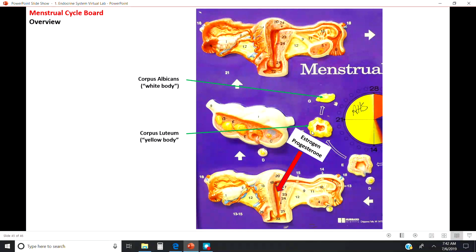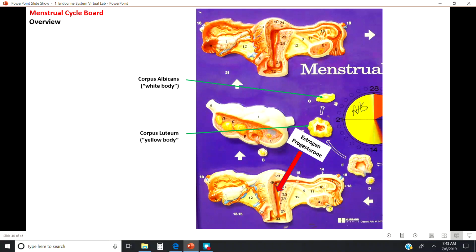So if the female is pregnant, again, then we'll have implantation into the inner lining of the uterus. Let's say there is no conception, then the corpus luteum will continue to produce estrogen and progesterone only for about 2 weeks.